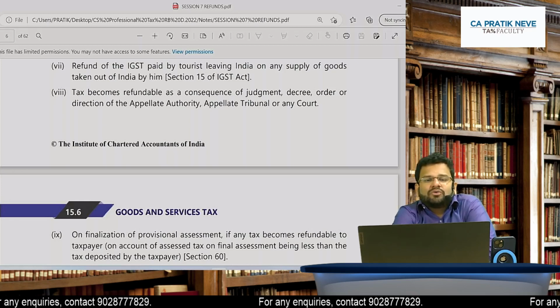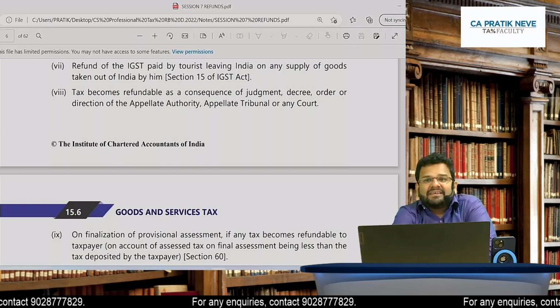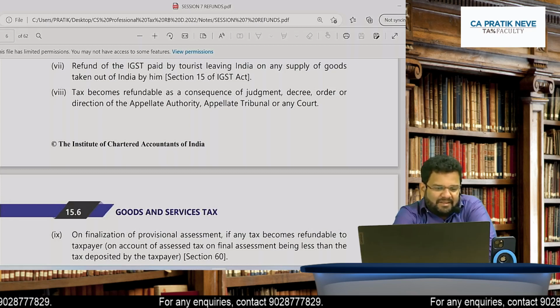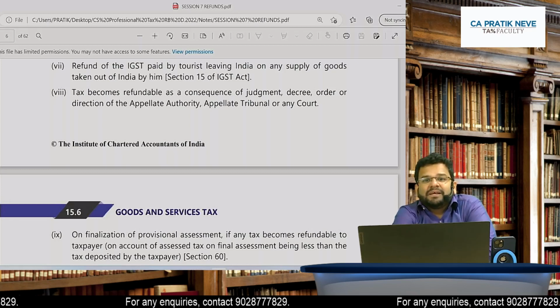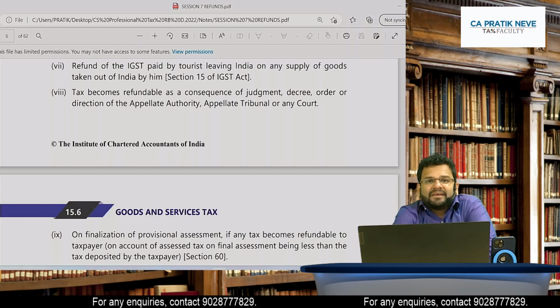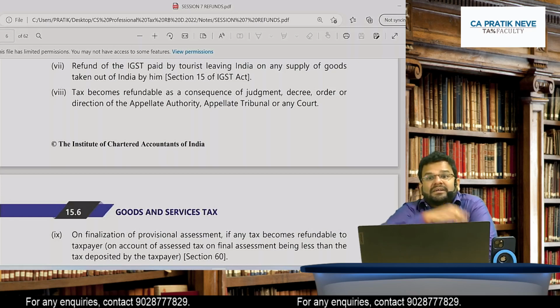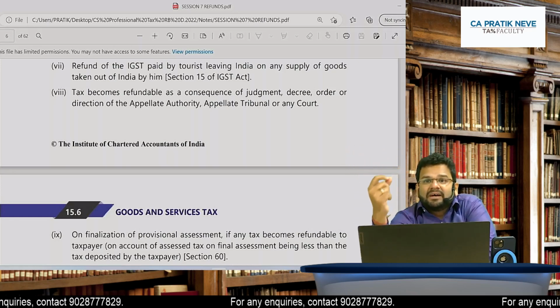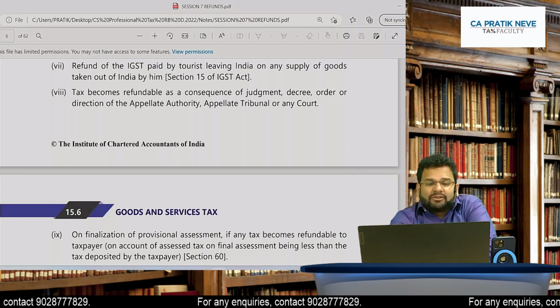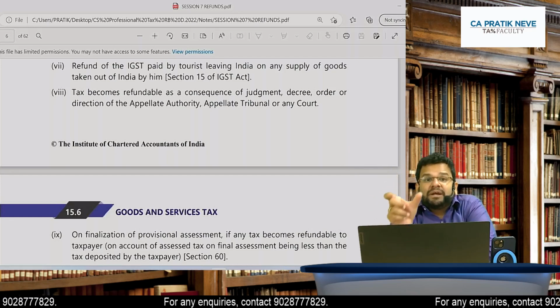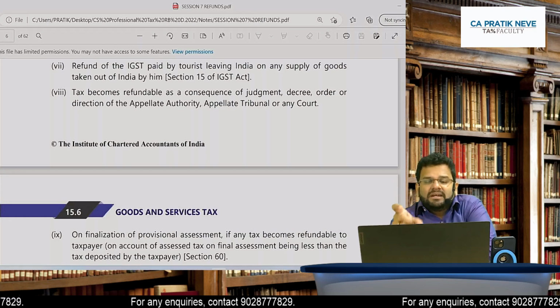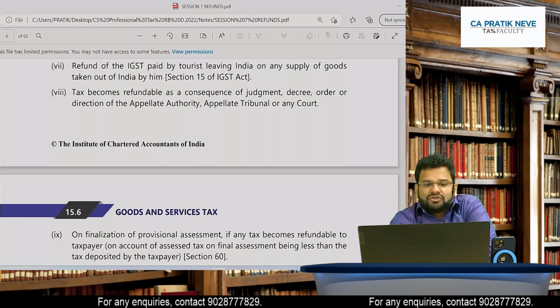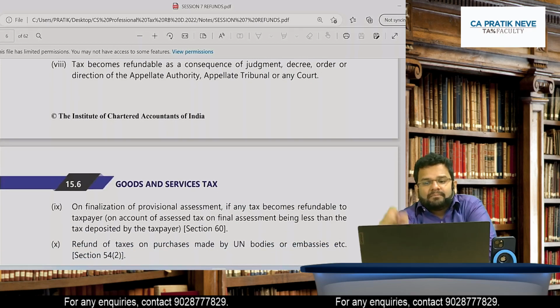In India or outside India? Since its place is outside India, yes, very good, he will be given a refund by government while returning to his country. That is also a case where refund could be given. So that's what we are saying: refund of IGST paid by a tourist leaving India on any supply of goods taken out of India by him.